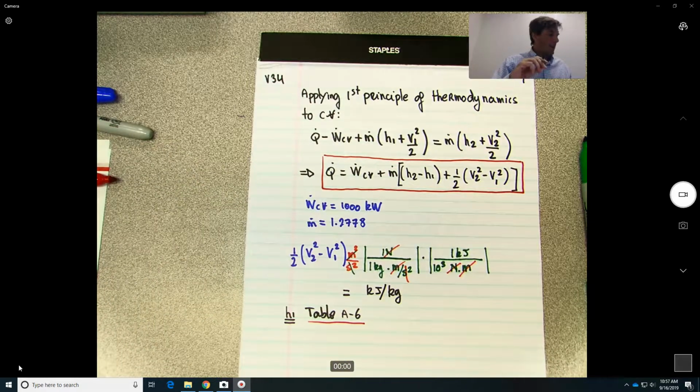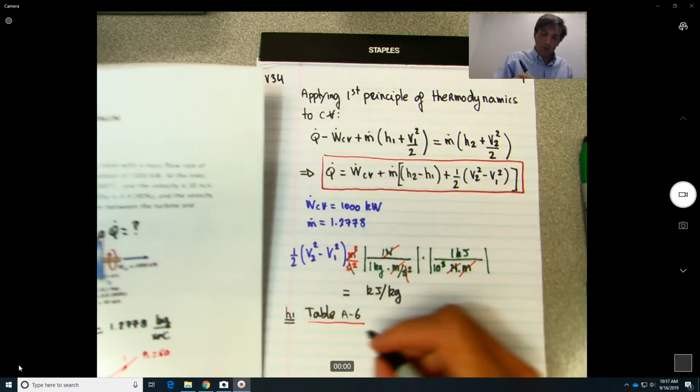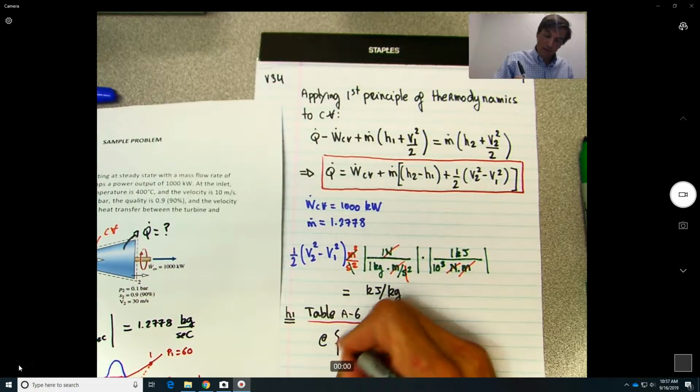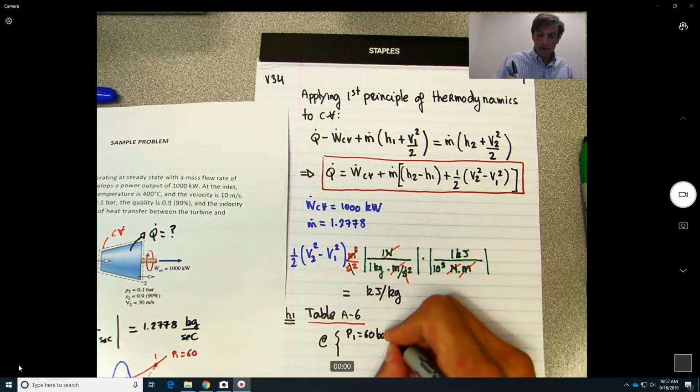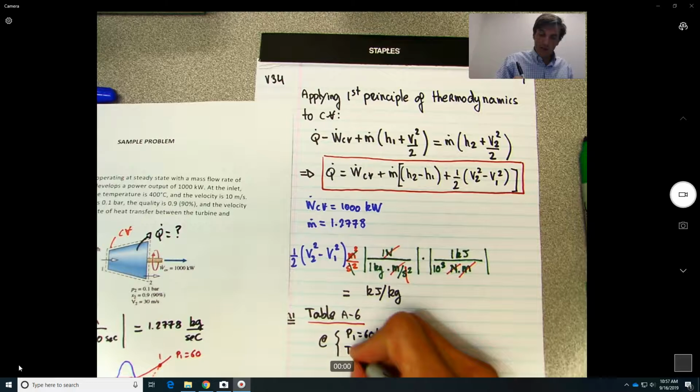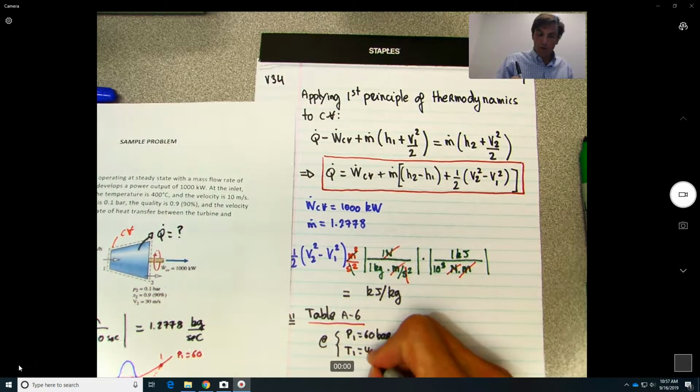And what do we know about that state? We know that the pressure is 60 bars, so P1 equals 60 bars, and T1 equals 400 degrees Celsius.